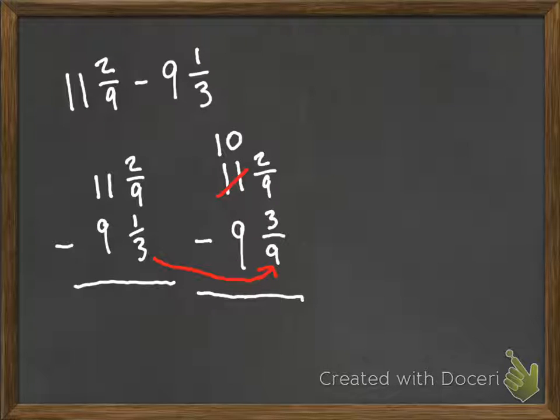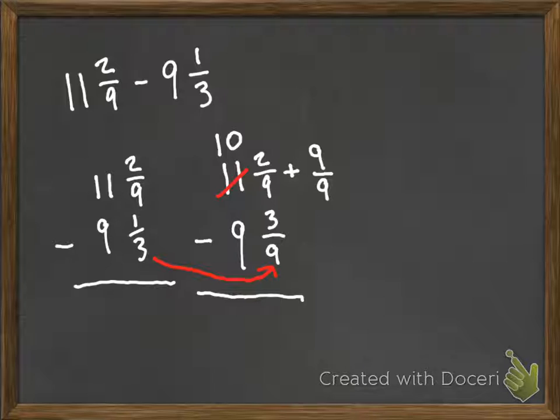Now 1 is equivalent to, in this case we're working with ninths, so that's equivalent to 9/9. So I'm just taking that 1 and regrouping it as 9/9. Now the reason I did that is when I add 2/9 plus 9/9, what we're left with is 11/9.